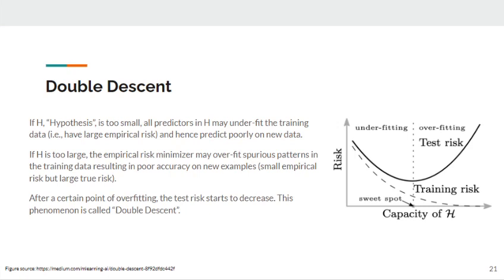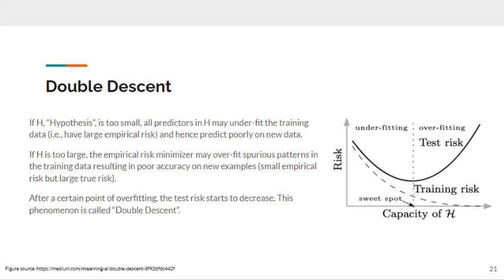Conventional wisdom in statistics is that larger models are worse, which is shown by this bias-variance trade-off curve on the right side of the screen. As we increase the capacity of hypothesis class H, for instance, as we make our model more complex, the model overfits the training data, therefore the training risk reaches zero.